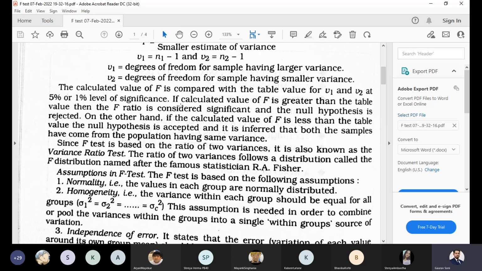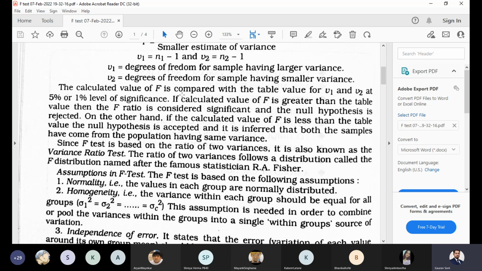Okay. So what we are going to do is we'll find out the value of F. Then I will compare it with the table value, just like the previous two cases. So if the calculated value of F is greater than the table value, then the F ratio is considered significant and the null hypothesis is rejected.